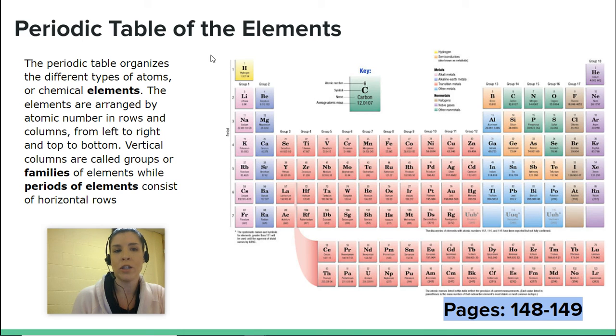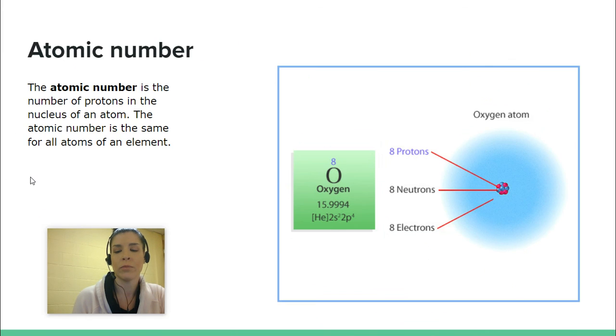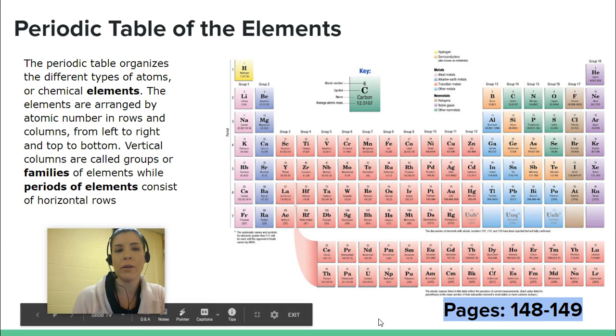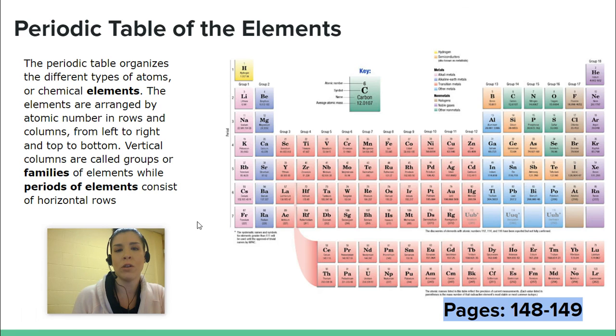The elements are arranged by atomic number in rows and columns from left to right and top to bottom. Vertical columns are called groups. So remember, here's your groups or families of elements, while periods, which is right here, consist of horizontal rows.